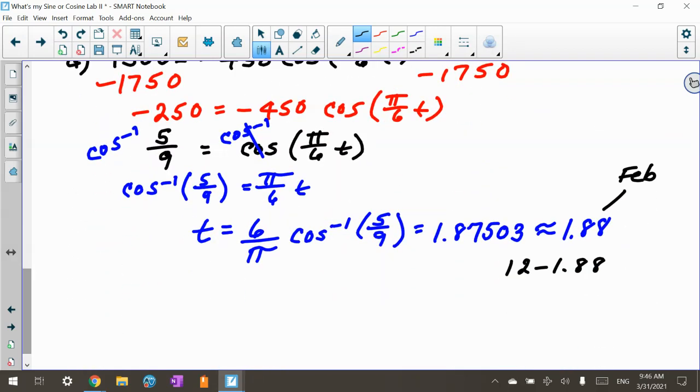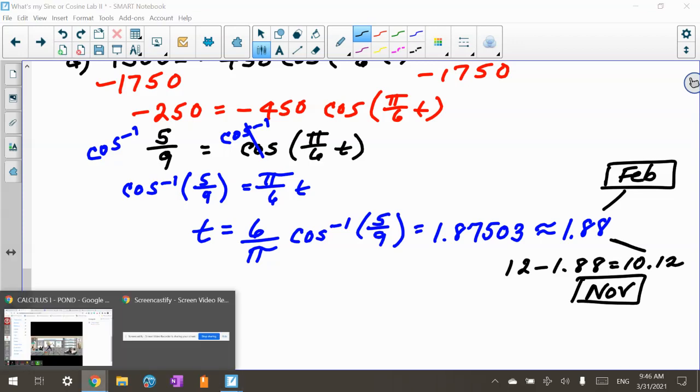So 12 minus 1.88 is 10.12, and that's roughly around November. The reason it seems weird is that we let January 1st be 0. So February is 1, March is 2, and 10.12 is November. So in November and in February, the population of these animals is 1,500. I hope this helps.